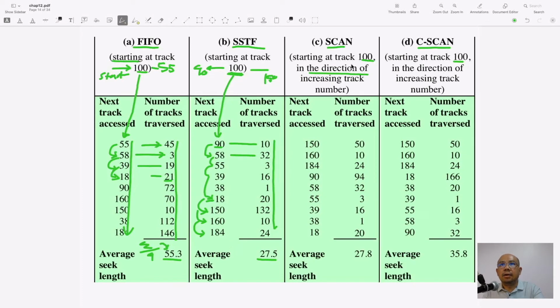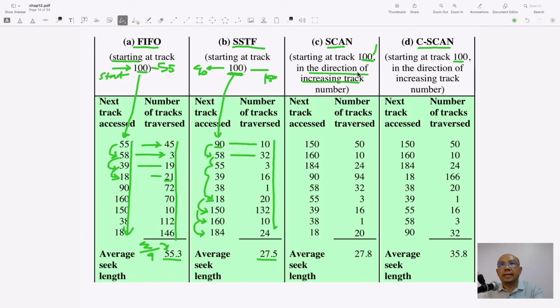Here the location starts at 100, and the direction of reading for the hard drive now is increasing track. That means we are moving from 100 up to 101 until the maximum value.